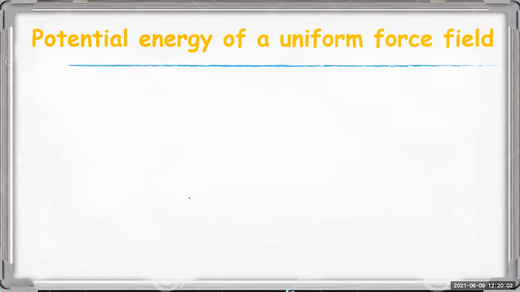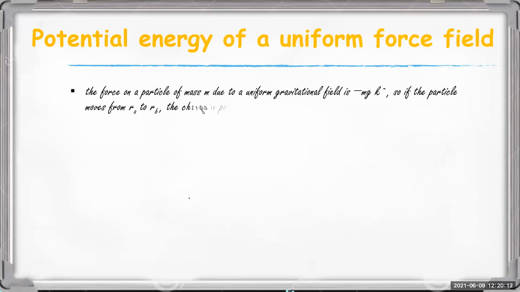Here we are going to obtain the potential energy of a uniform force field. The force on a particle of mass m due to a uniform gravitational field is minus mg k cap.